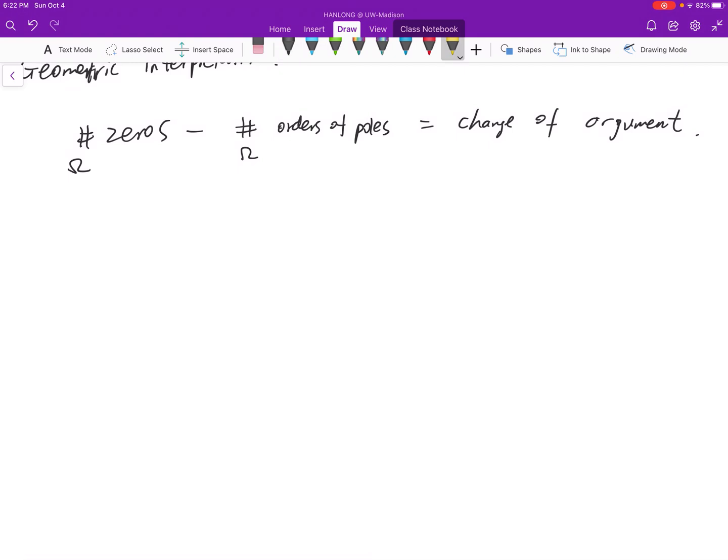And let's look at one example to illustrate this idea. Suppose you just have a disk, and your f is z, which is e to the i theta. Now you start from point A here. You go around. Eventually, you have A hat at the same point.